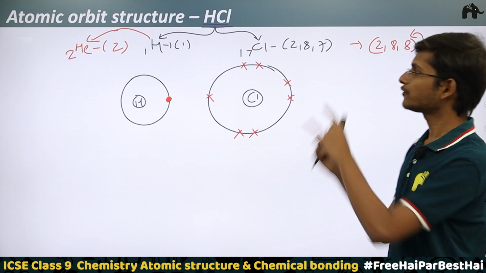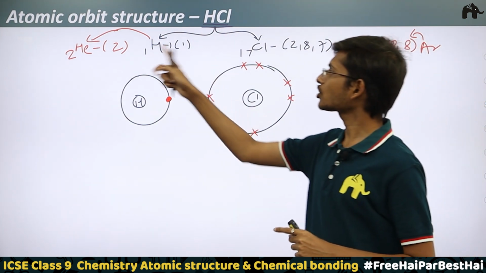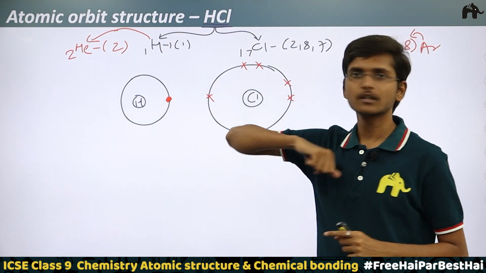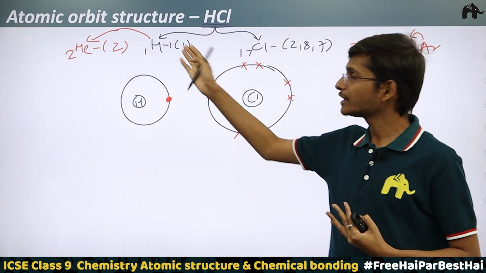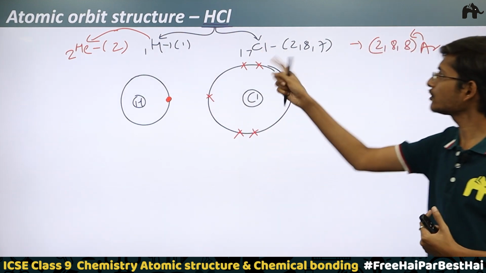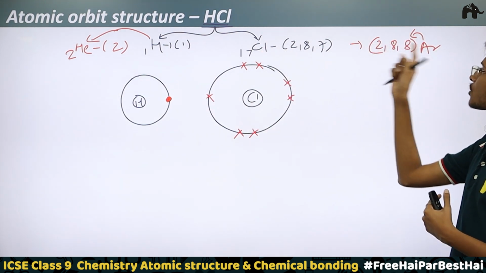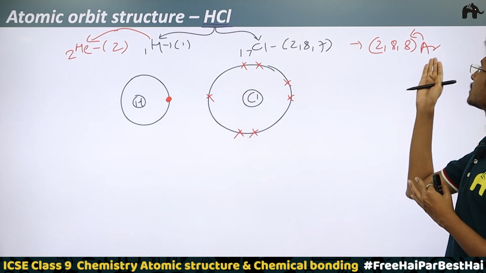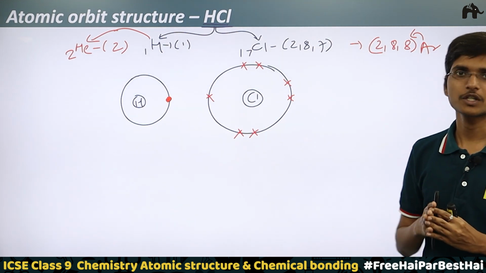And hydrogen wants to attain the electronic configuration of its nearest noble gas, helium, 2. So we can clearly see the hydrogen atom is short of 1 electron. Similarly, the chlorine atom is also short of 1 electron from its nearest noble gas electronic configuration, correct?